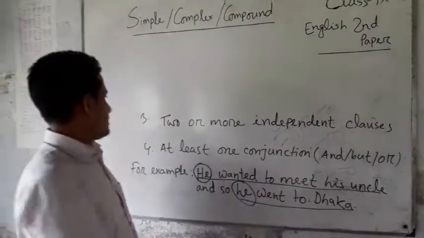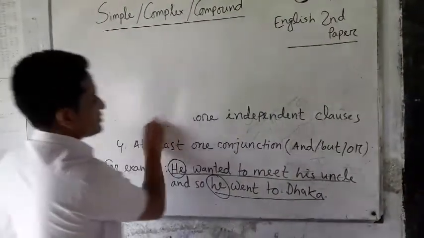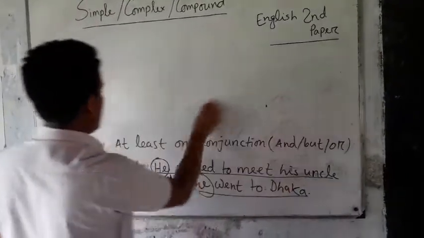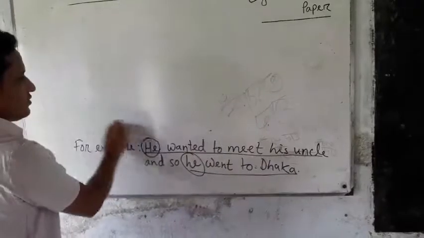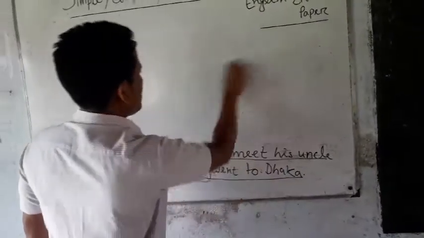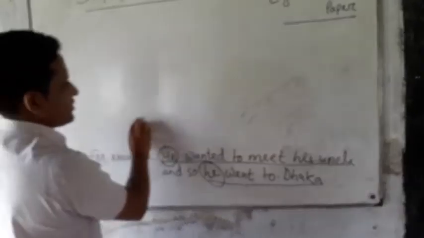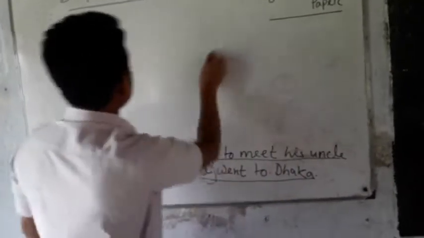And there are also some basic rules that you have to know. I am going to tell you. Please note it or write down these points in your notebook. Compound sentence always maintains sequence.